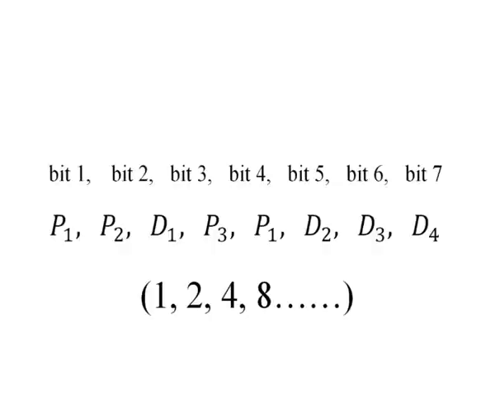The leftmost bit is designated bit 1, the next bit is bit 2, and so on as follows. The parity bits are located in the positions that are numbered corresponding to ascending powers of 2 as indicated. The symbol Pn designates a particular parity bit and Dn designates a particular data bit.